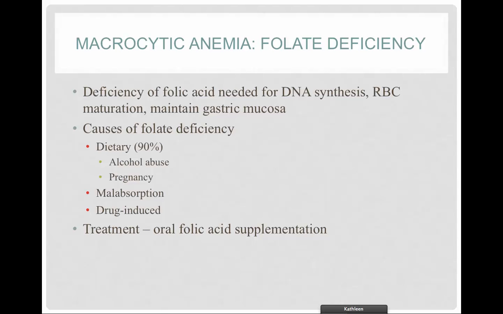So, macrocytic anemia, folate deficiency: a deficiency of folic acid, which is needed for DNA synthesis, RBC production, and also the maintenance of gastric mucosa. Causes of folate deficiency: dietary, 90%, alcohol abuse, pregnancy, malabsorption related to celiac disease, or drug-induced.